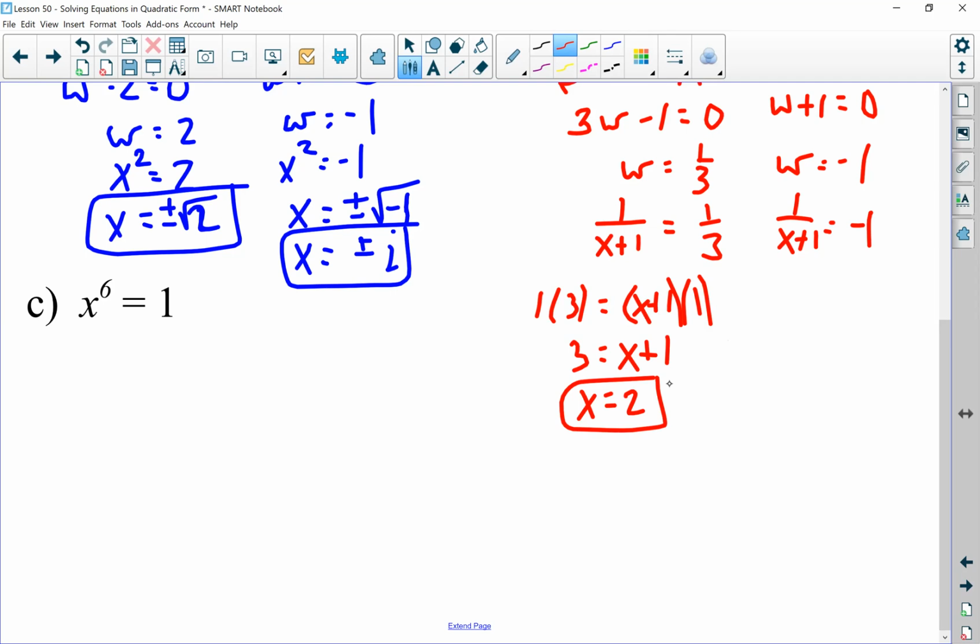And the other one, again, if I cross multiply, I'm going to think of that as -1 over 1. So I do 1 times 1 and -1 times 1.